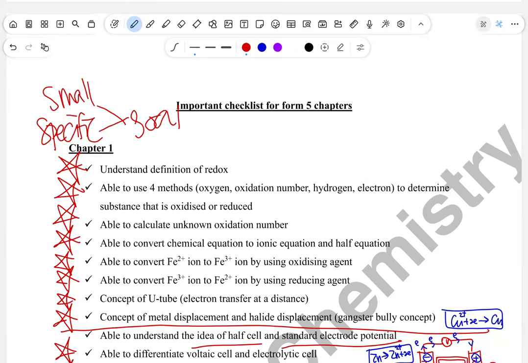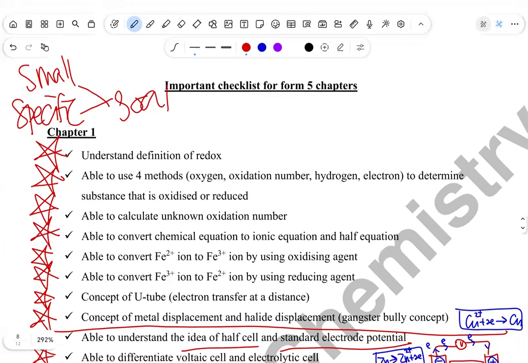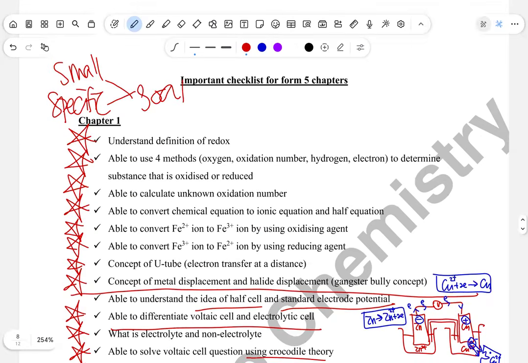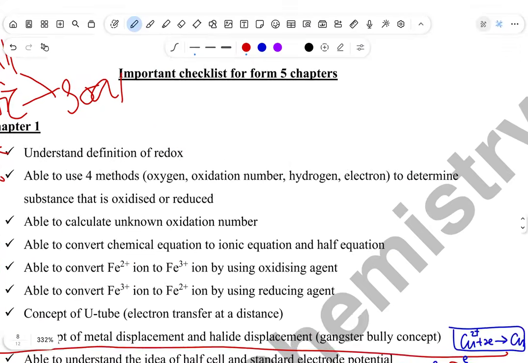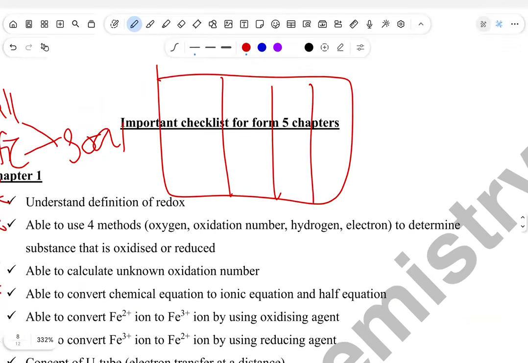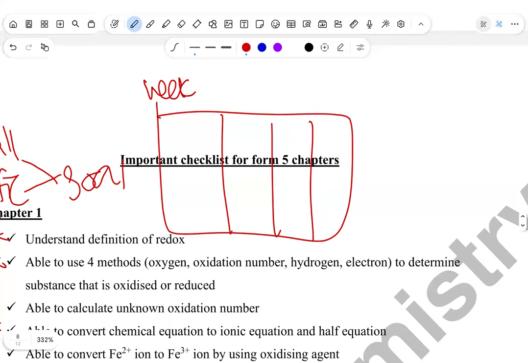Or if you set a target, I want to get B, I want to get B plus, I want to get A minus. Isn't that a bit more specific? Same thing. So instead of saying, I want to revise the whole chapter 1 by September, why not split it and do a proper timetable? In week 1, what subtopics do you want to revise?